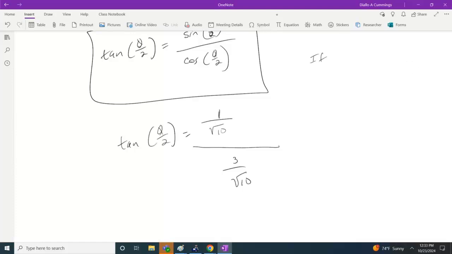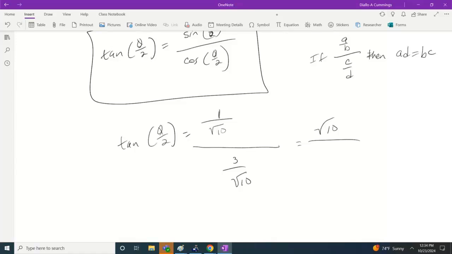It says if A over B all over C over D is your setup, then you can multiply the very top and the very bottom, and multiply the bottom of the top and the top of the bottom. So that means I can multiply 1 times the square root of 10, and that gives me the square root of 10.